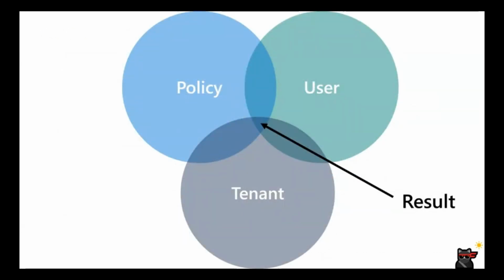So Paul, what's this about? When we think about your policies, about your configuration, the end result is going to be greater than just the policies themselves. You have to also consider the configuration of your tenant, because there are settings that are enabled at the tenant level, not just at your policy levels.